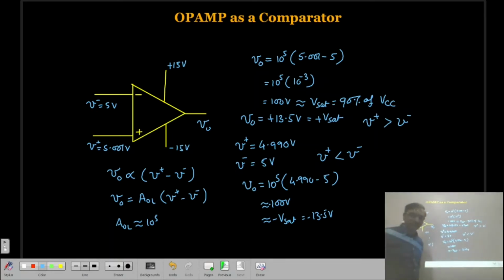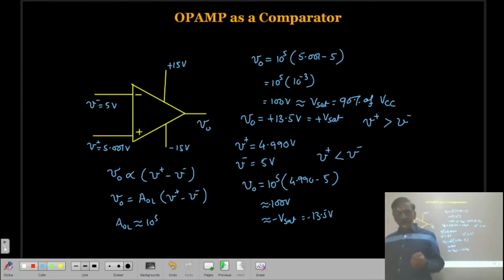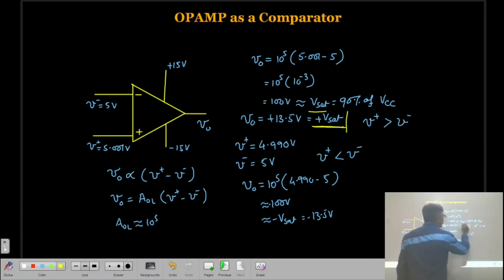So in this way, this comparator has 2 output voltages. Either it will be in a plus saturation, or it will be in a minus saturation.